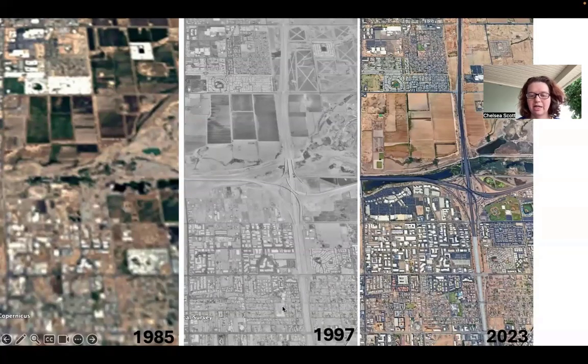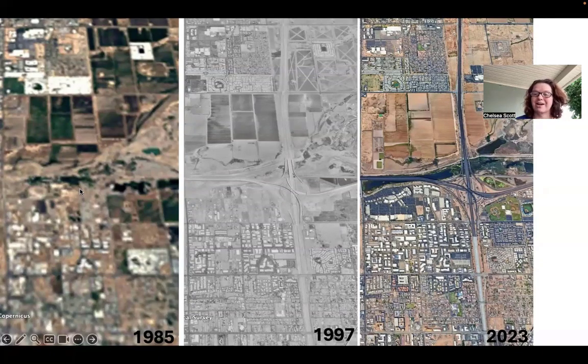In 1997, you can see actually the road was being developed. For example, here, this part of the road does not go anywhere. And also see here that the image is black and white. And so we had lower quality remote sensing data available.